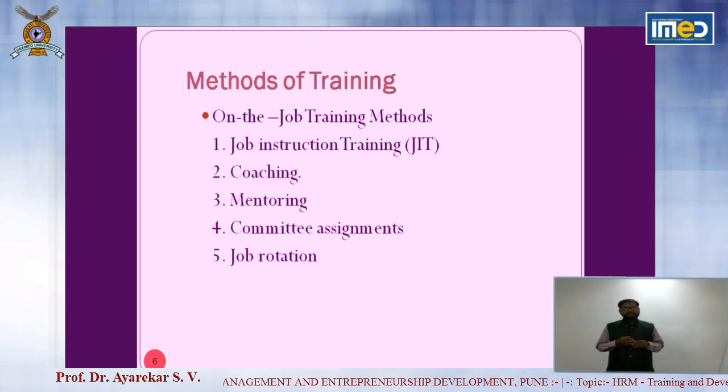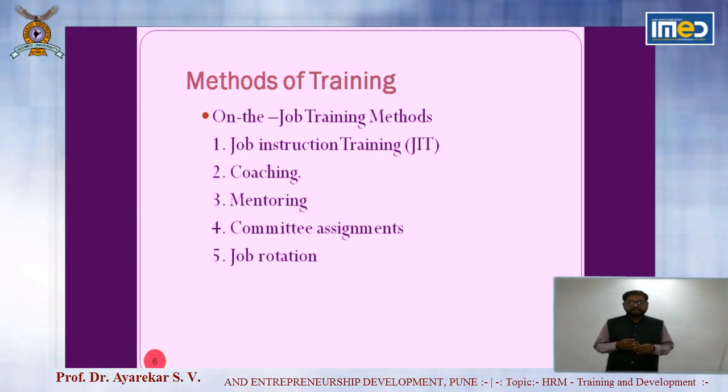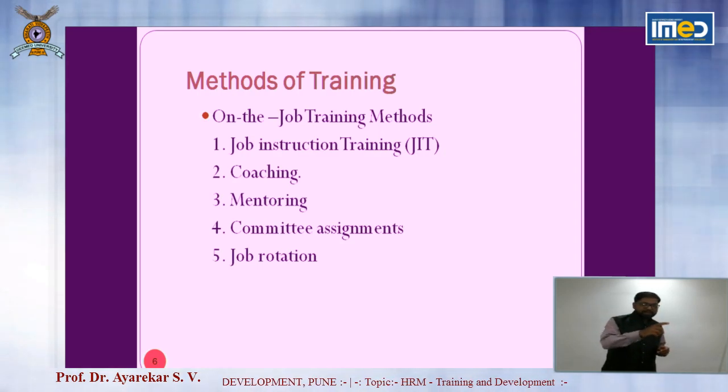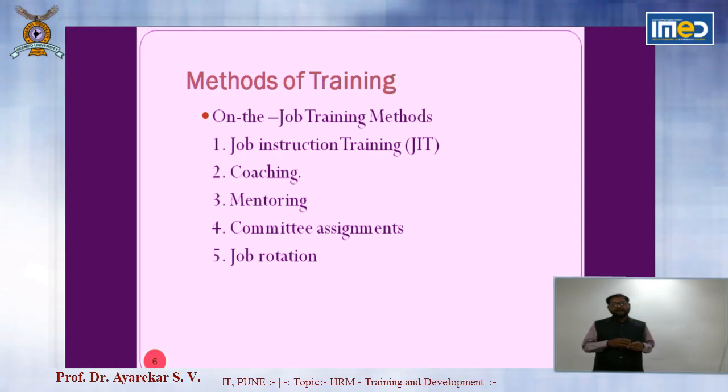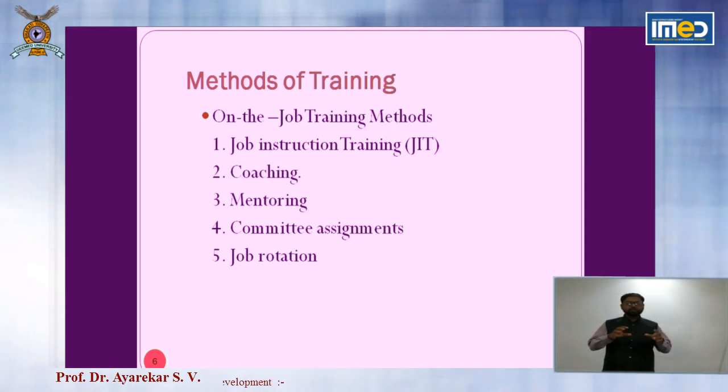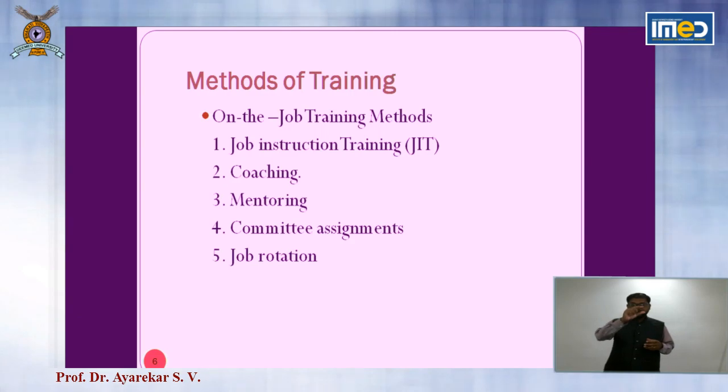The first method is job instruction training, JIT, where the trainer will go to the place where the trainees are, and he is going to teach them how to perform a particular task. He will say, okay, this task consists of 5 different steps.